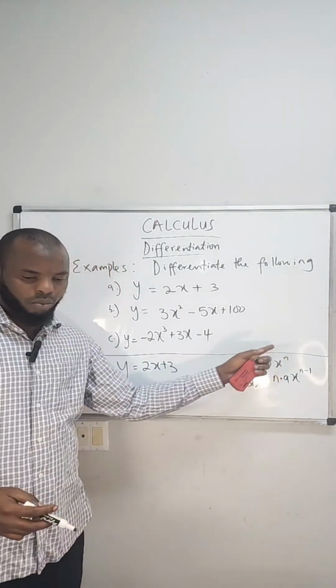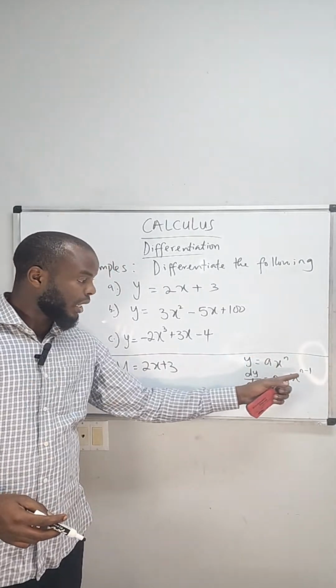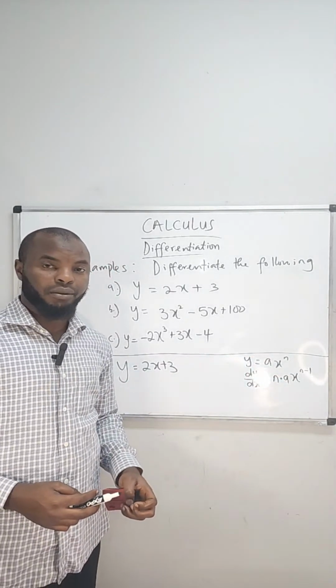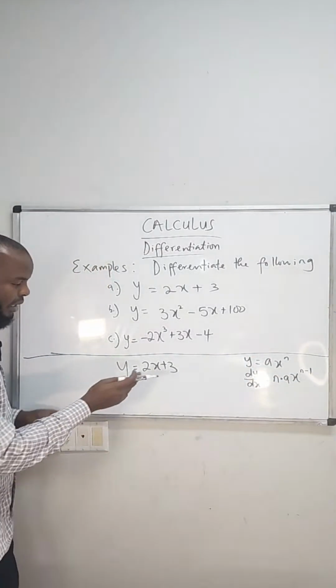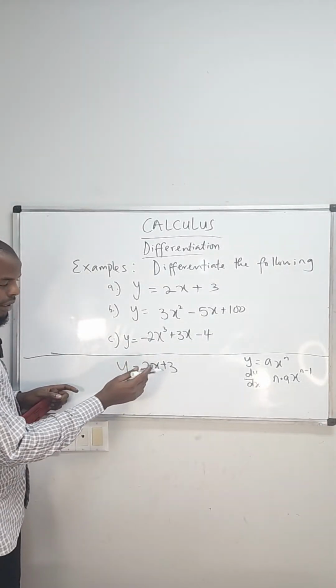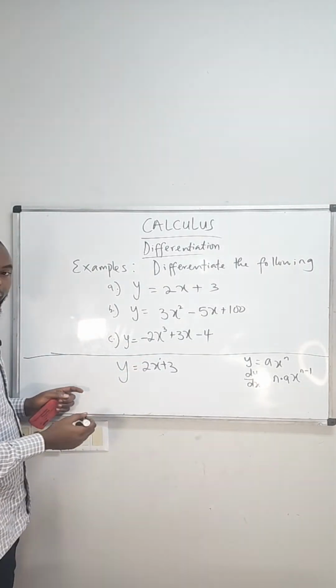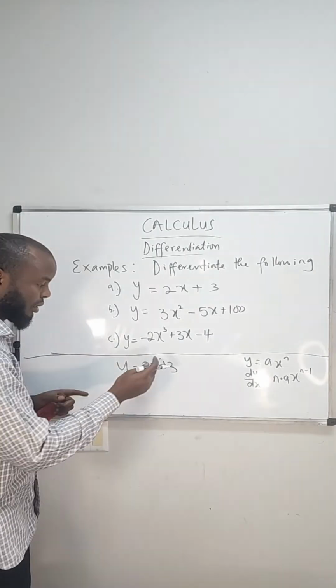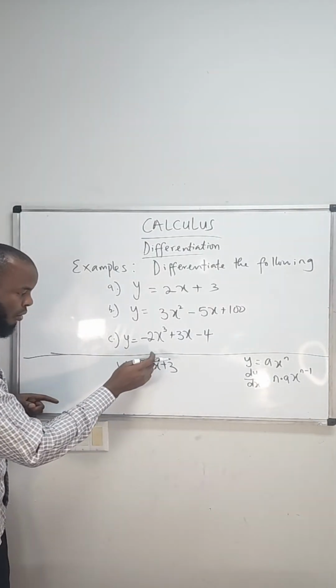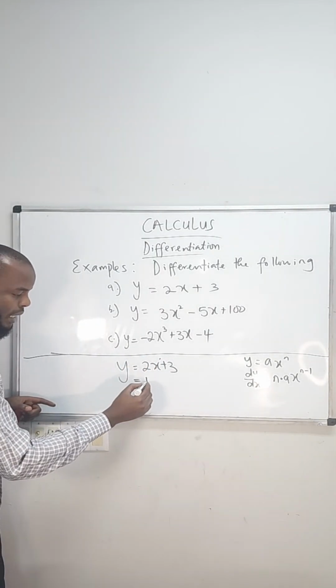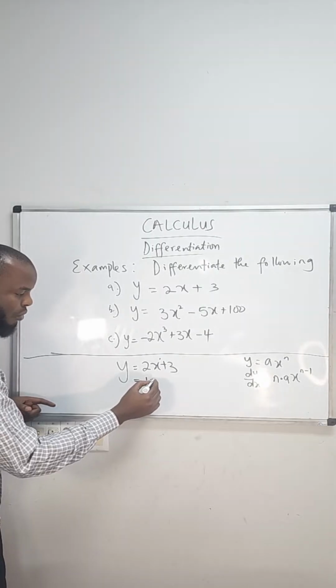Just use the power to multiply the coefficient and take one away from the power. Now, the same thing here. If you look at this, 2x, the power of x is 1. So that means you are multiplying 1 with what? It's like 1 times 2.